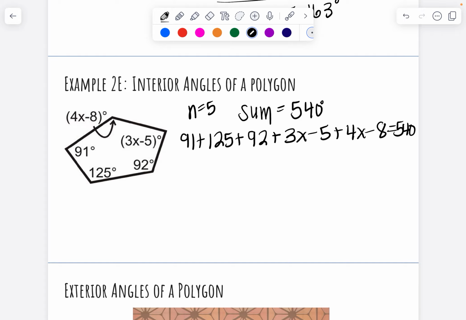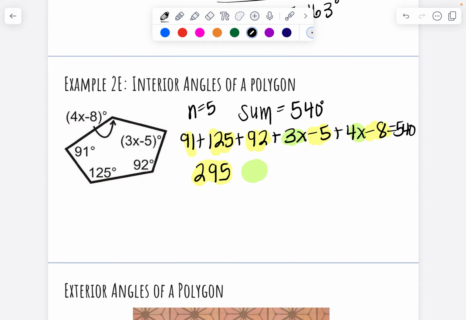Now combining like terms, 91 plus 125 plus 92 minus 5 minus 8 is going to give me 295. So again, that's all of the constants. And then if I look at my x's, 3x and 4x is 7x.